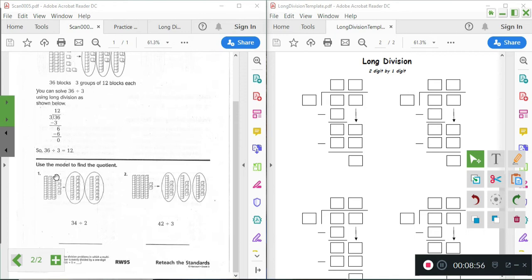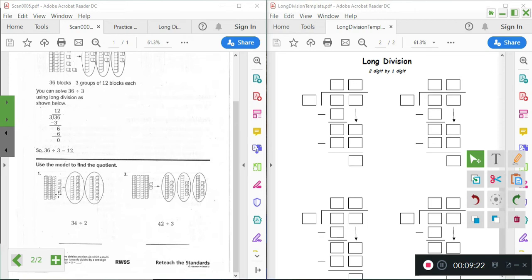But then I'm going to have to break up this other 10 because I don't need 3 groups. I only need 2. So I already have 10 in each group. I can easily split this 10 in half. If I split a 10 in half, how many will go in each group? That's right, 5. So right now I have 15 in each group.